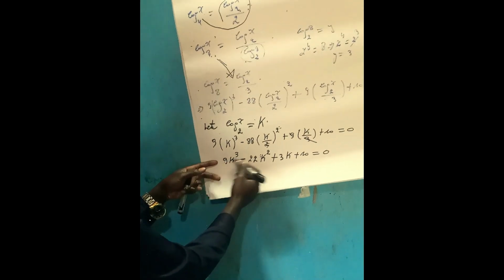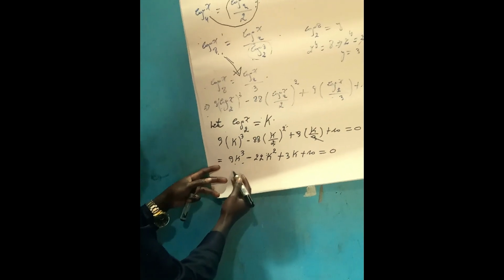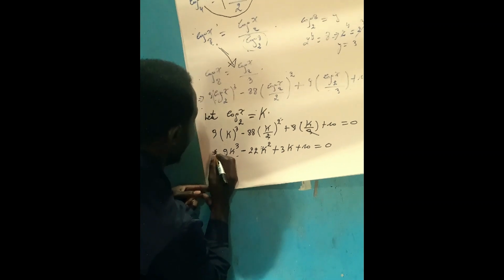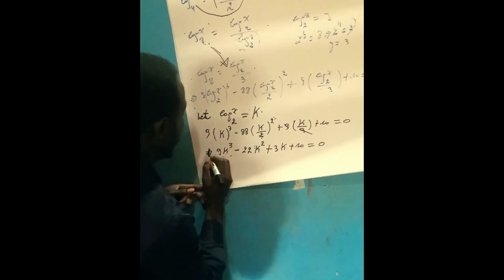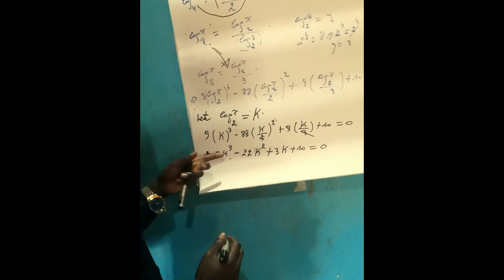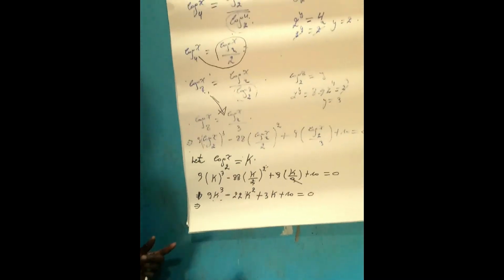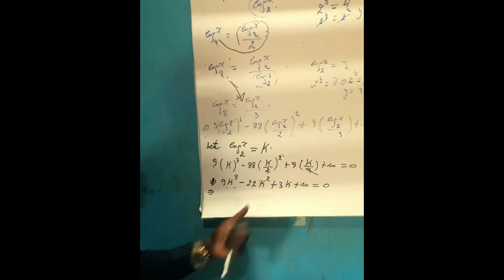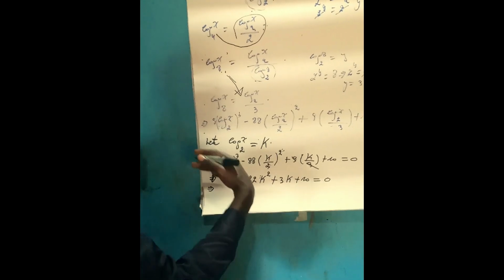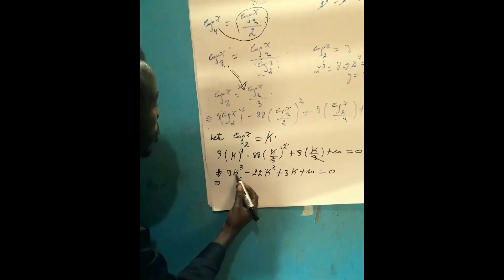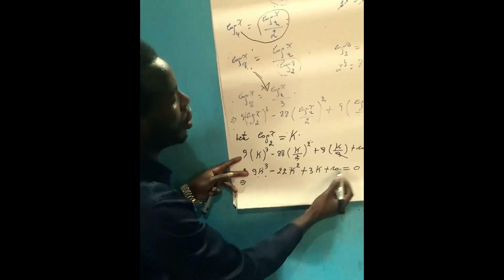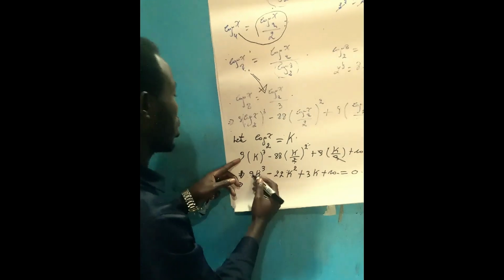Solve the equation with degree 3. We have to find any number which can verify this equation. Means which number can we substitute for k and this equation will be equal to 0.